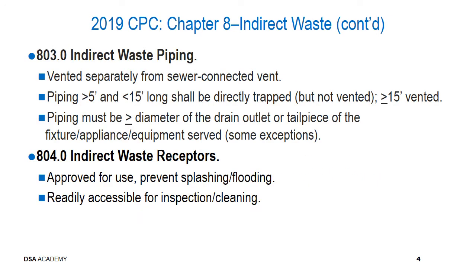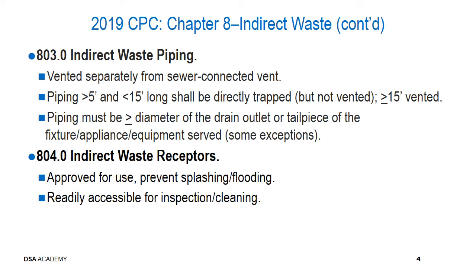Section 803 of the California Plumbing Code identifies some additional requirements for indirect waste piping, specifically the requirements for venting or trapping. And the venting or trapping requirements of indirect waste piping depend on the length of the actual indirect waste piping.